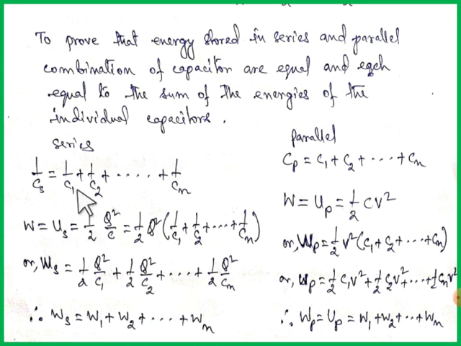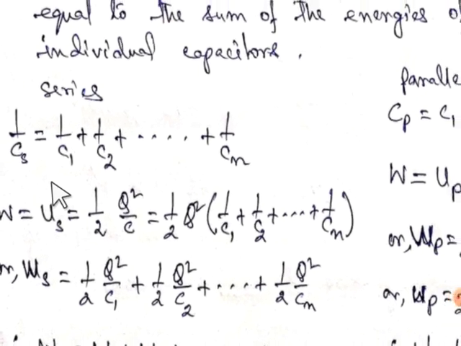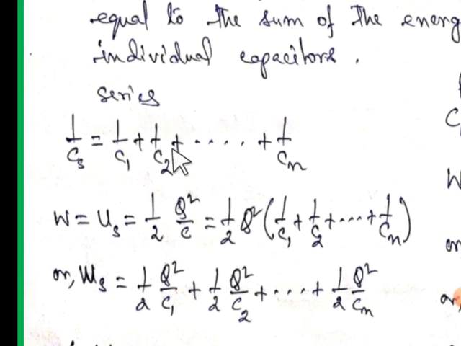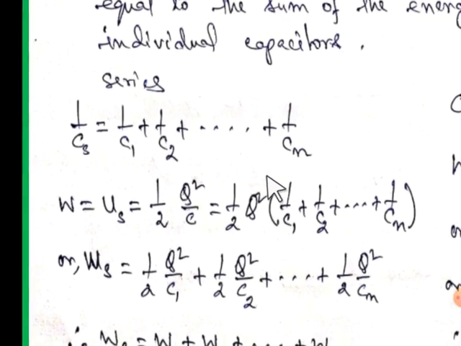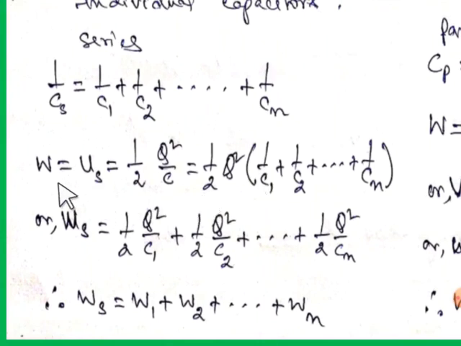So for series and parallel, you can divide this into two columns. We know that the equivalent capacitance in the case of series, 1 by Cs, is equal to 1 by C1 plus 1 by C2 plus so on up to 1 by Cn. Let's do it for series first. The work done, or the potential energy, in the case of series will be denoted by W or Us.